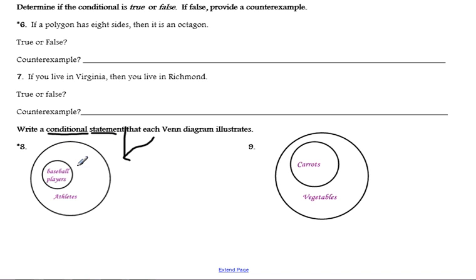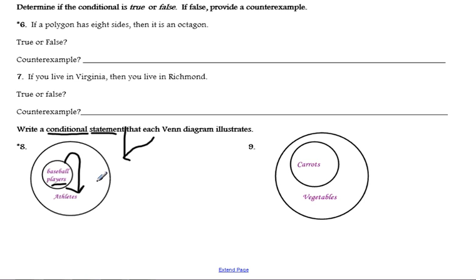So we can say that, reading from the inside out, all baseball players are athletes. So an if-then statement that would make sense and is true based on this Venn diagram would be that if you are a baseball player, then you are an athlete.